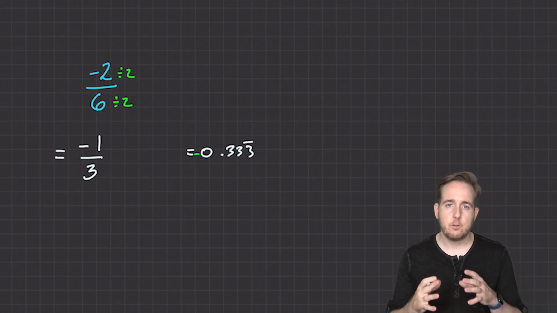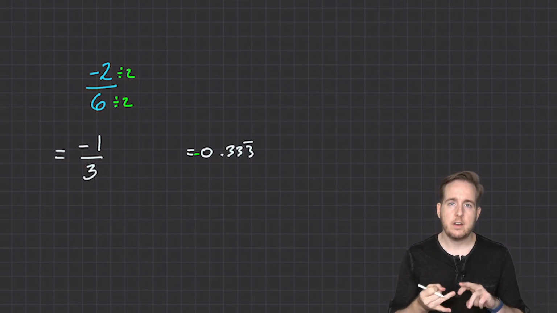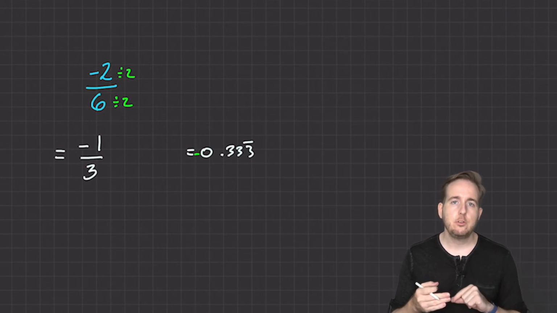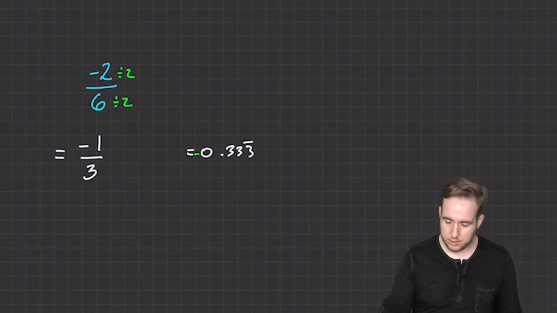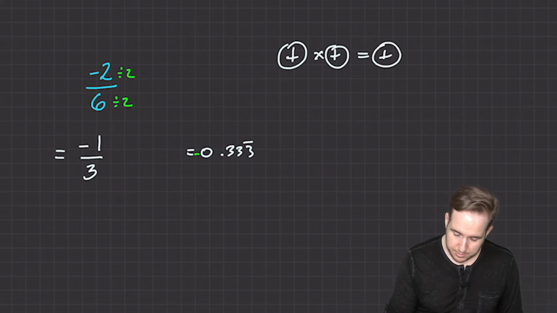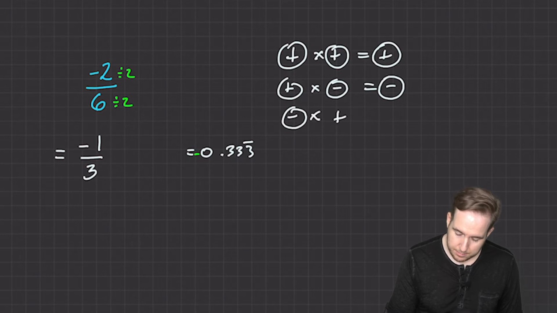But that gives you something interesting, which is because of the way multiplication and division with positive and negative numbers works: first you do the number part, 1 divided by 3 is 0.33333333, and then you do the sign. Actually, let's recap. A positive times a positive is a positive. A positive times a negative is a negative. A negative times a positive is a negative.